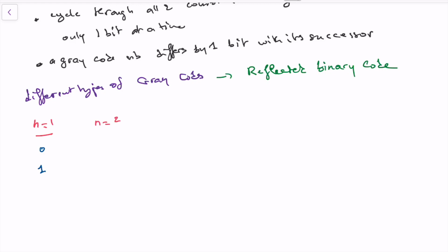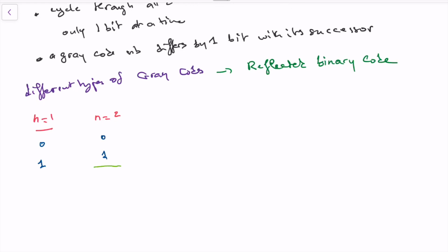And then for n equal to 2, you take these 2 numbers from the previous value, n equal to 1, and put them like this, and then reflect them. The reflection, or reversing, of these 2 above would be 1, 0, right?